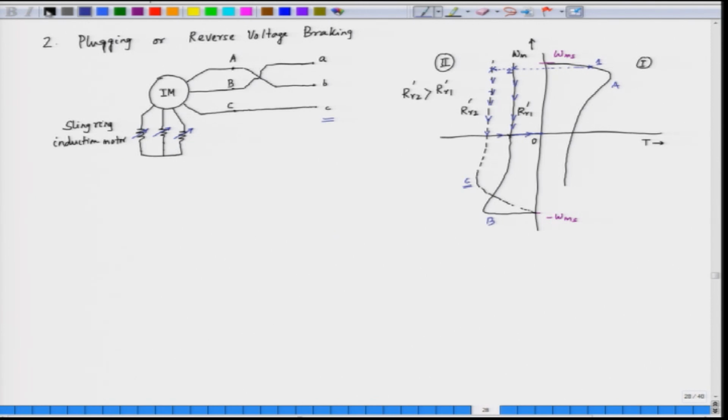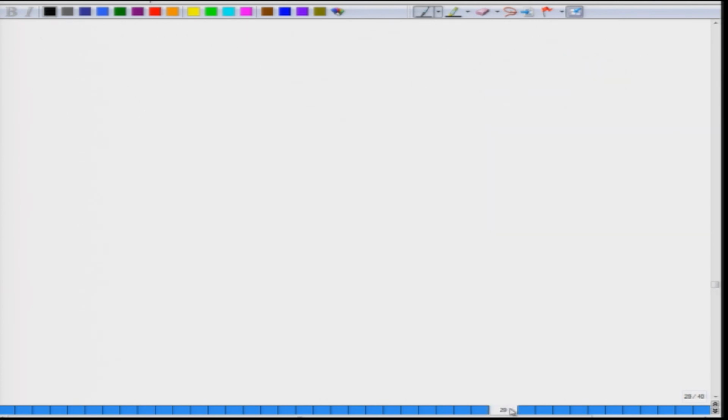Now, let us see the third type of braking, which is dynamic braking.